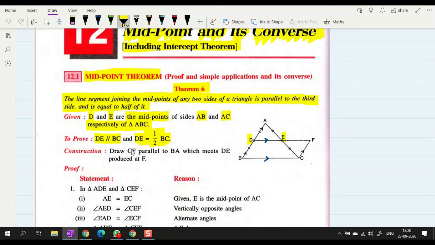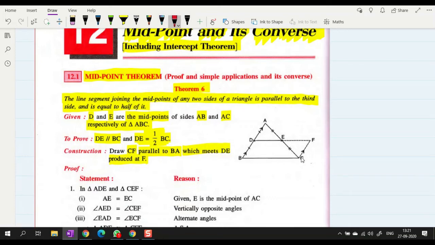The diagram shows that there is a construction in which CF is drawn parallel to BA, which meets DE produced at F. So I'll just erase everything and I will show you the construction again with red ink.